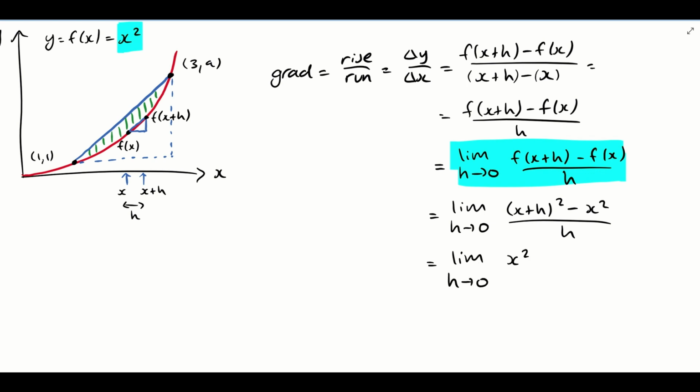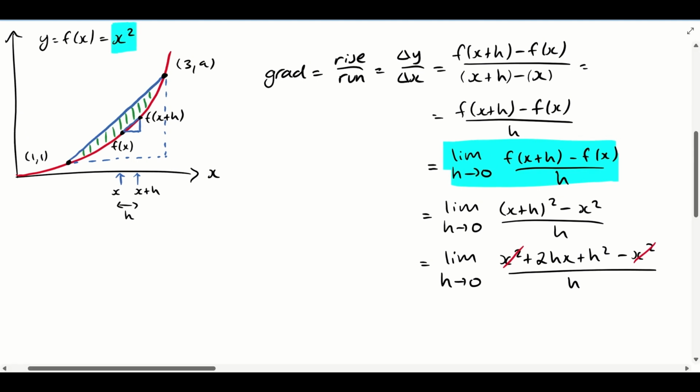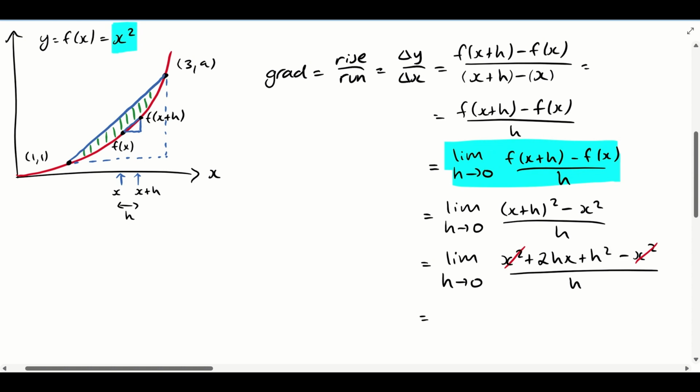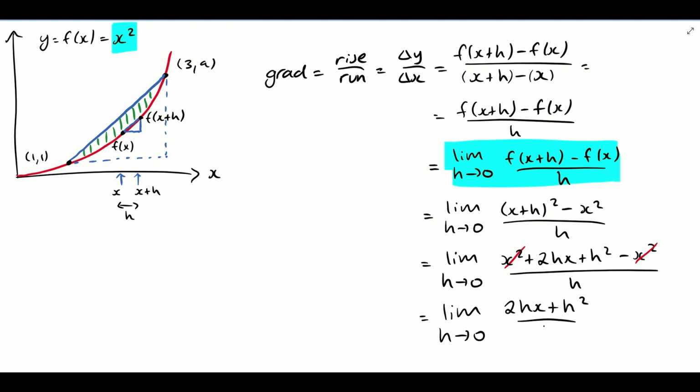Let's now expand out that top bracket. We end up with x squared plus 2hx plus h squared, and we take away the x squared that's left over there, divide by h. Well, we can see a simplification here that this x squared and this minus x squared are going to cancel each other out. So let's do that. We end up with the limit as h moves towards 0 of 2hx plus h squared on top of h.